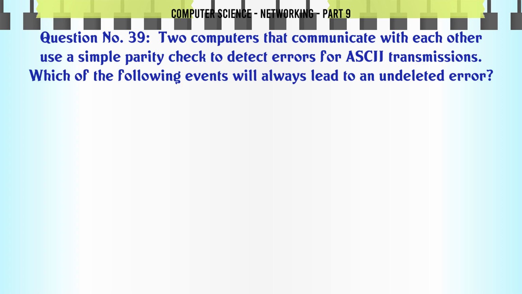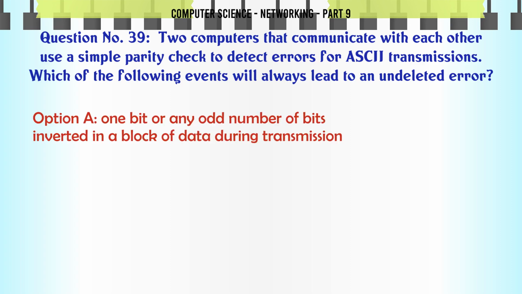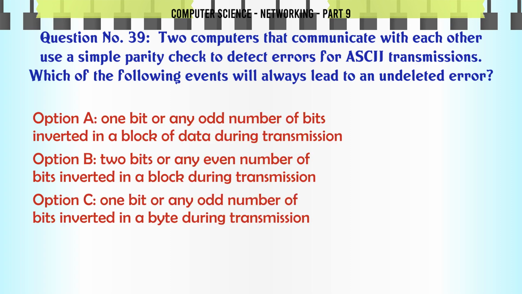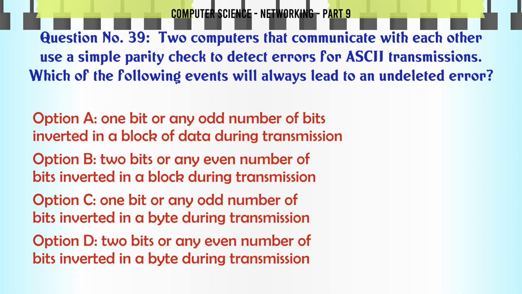Two computers that communicate with each other use a simple parity check to detect errors for ASCII transmissions. Which of the following events will always lead to an undetected error? A. 1 bit or any odd number of bits inverted in a block of data during transmission. B. 2 bits or any even number of bits inverted in a block during transmission.